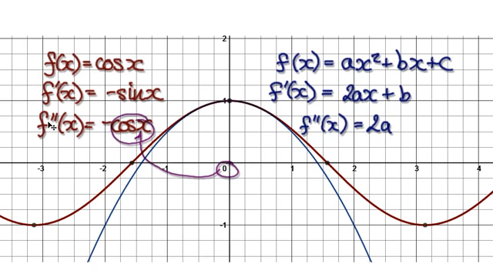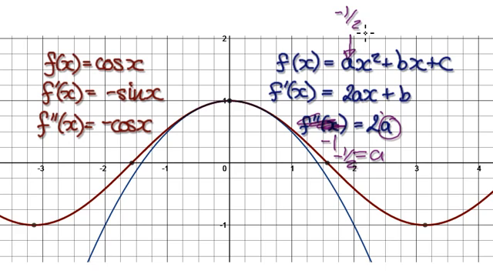This would be 1, negative 1. So the second derivative will be negative 1. So to find A here, we would put negative 1 into here. So now to obtain A, we would divide both sides by 2. So A equals negative a half. So now we know that our coefficient here is negative a half.